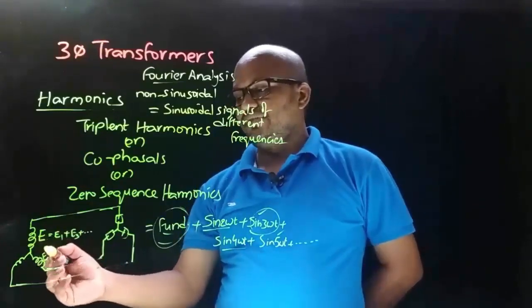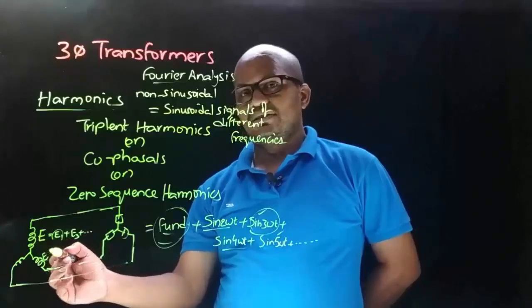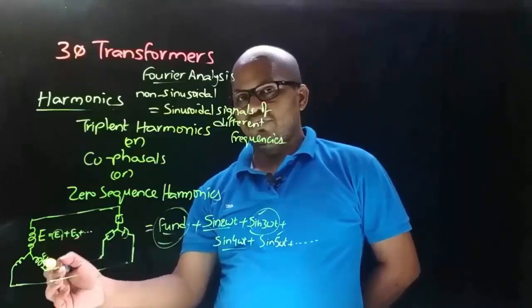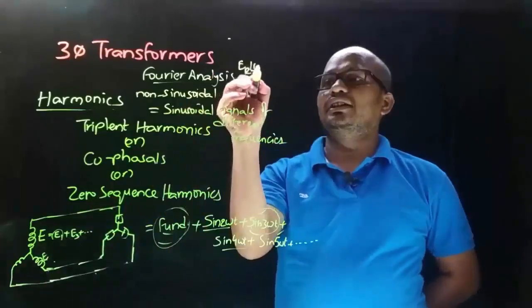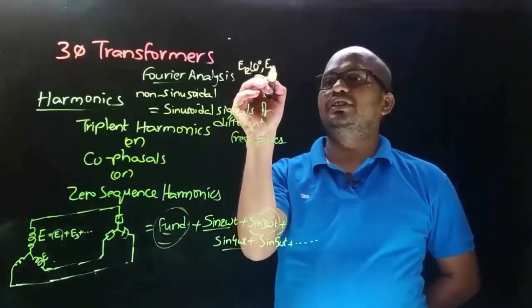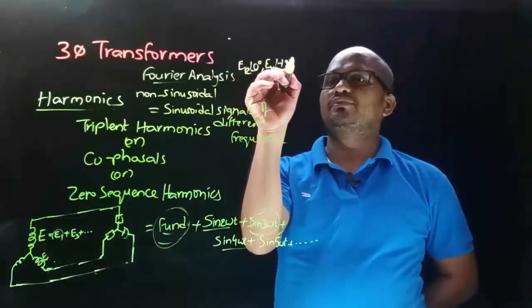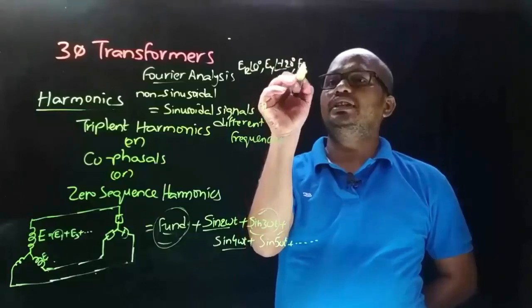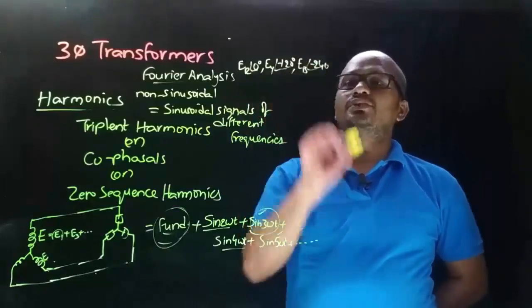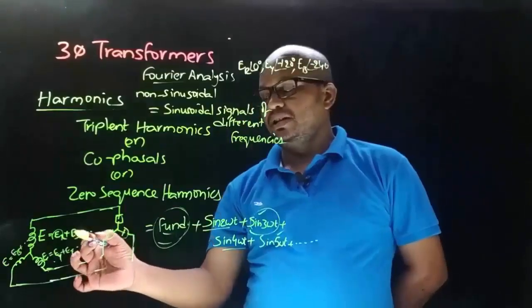And we know that in 3-phase the fundamental signals will have a phase difference of 120 degrees, that is ER at an angle 0, EY at an angle minus 120 and EB at an angle minus 240.